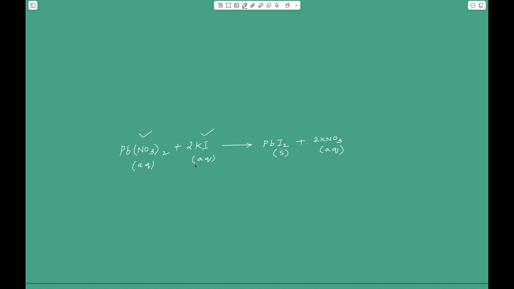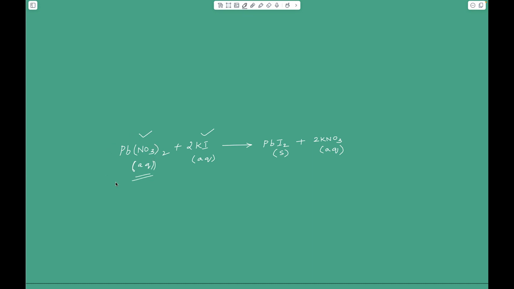And to indicate that these solutes are dissolved in water, or this reaction is taking place between aqueous solutions of these solutes, beneath their formulae we write (aq) in parentheses.